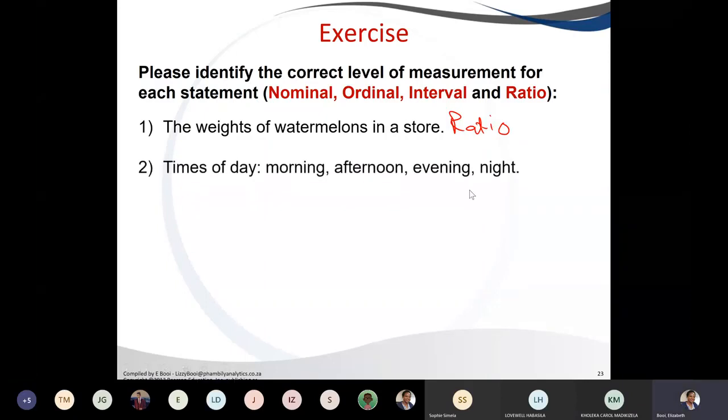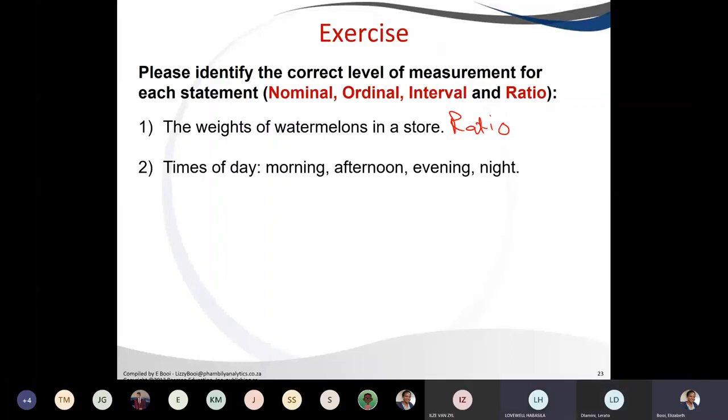Time of day, when it's morning, afternoon, evening, night. Nominal. When it's morning, evening, night. Interval. Remember, time of day.